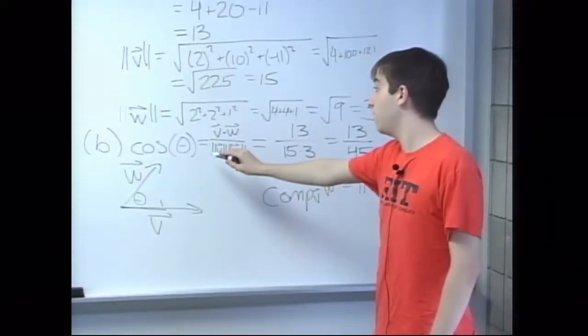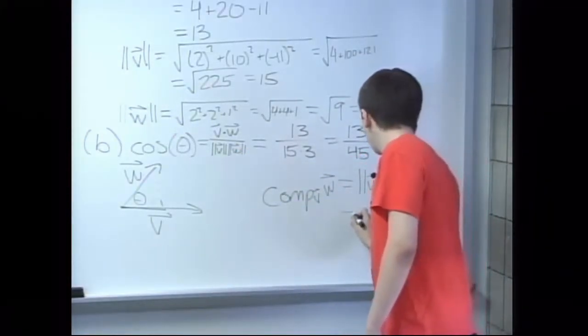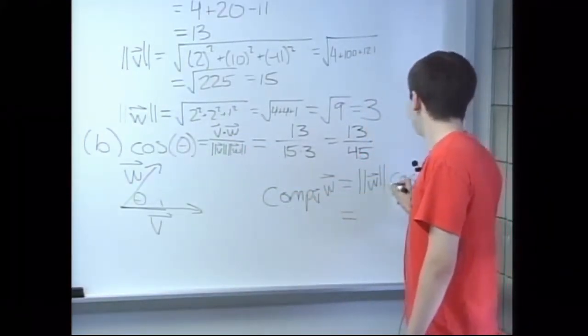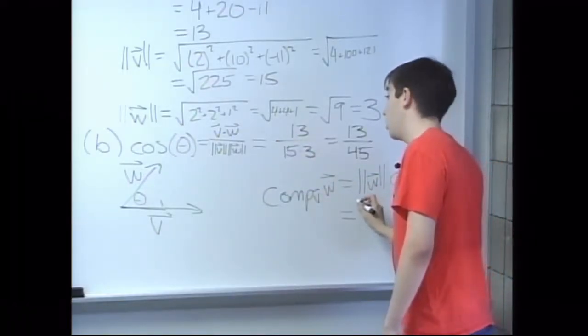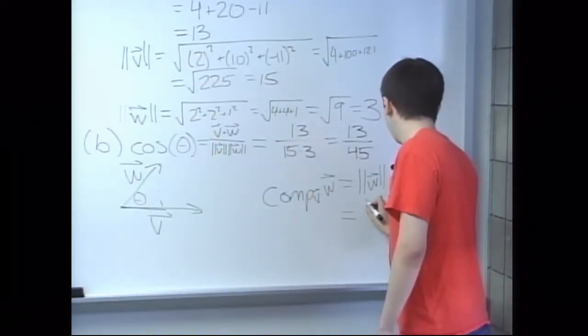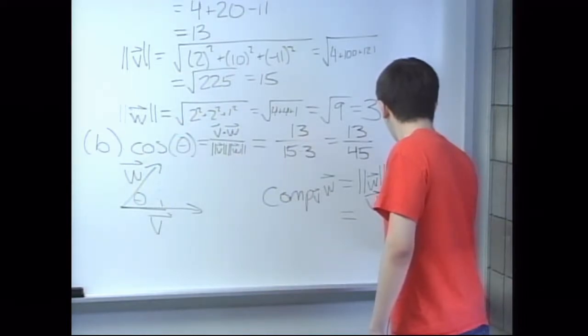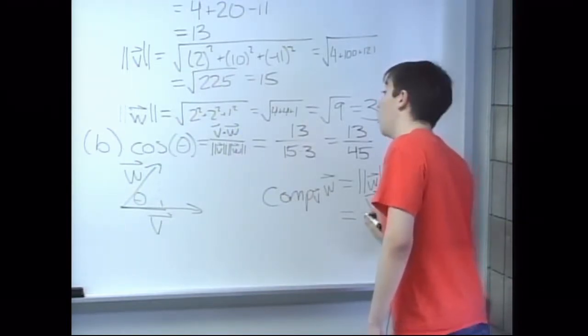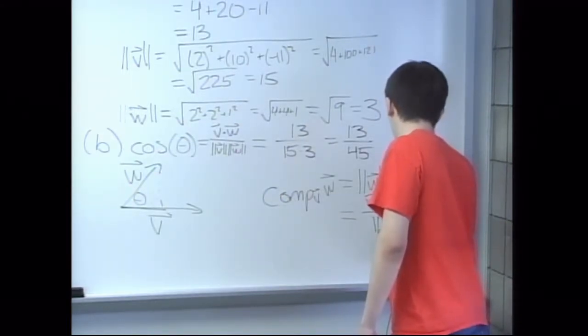And if you go back to the original formula, for cosine of theta, that means that the component is equal to vector v dotted with vector w over the magnitude of v.